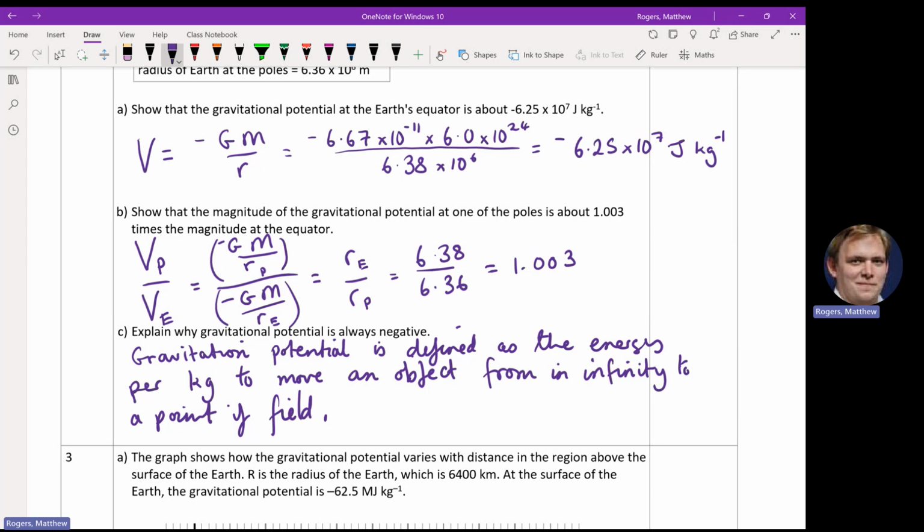But if we picture this situation, if I've got my planet here and I'm taking an object that's infinitely far away and moving it in this direction, then the work done will be negative because there is a force pulling it in this direction.